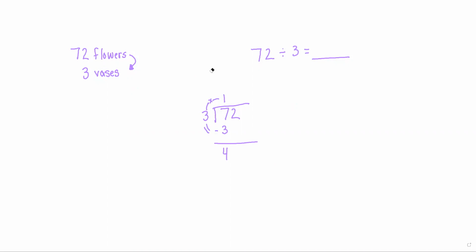Okay, well, what number is more than 1? Let's try the next number up. Let's try 2. So I only erase what I need to. So 2 times 3. Well, we know that 3 plus 3 equals 6. So 2 times 3 is going to equal 6.